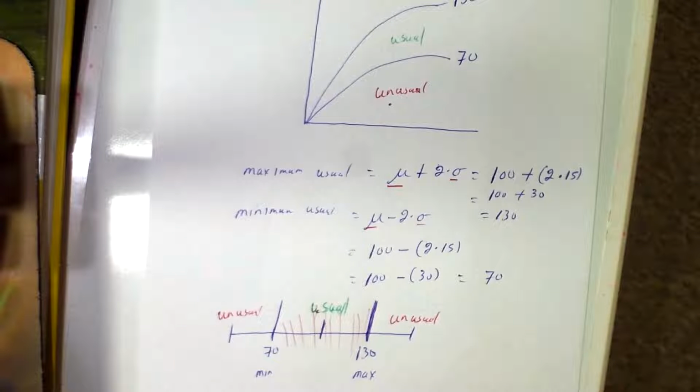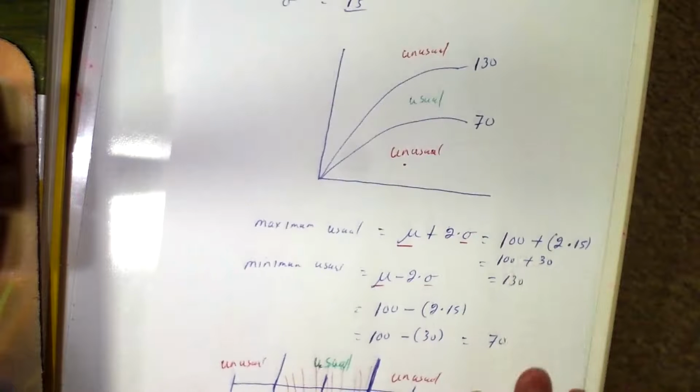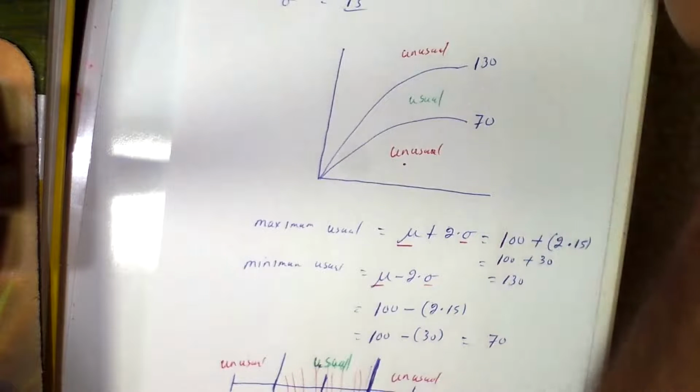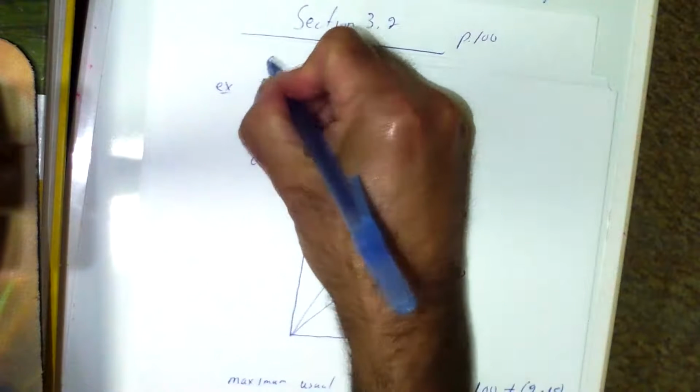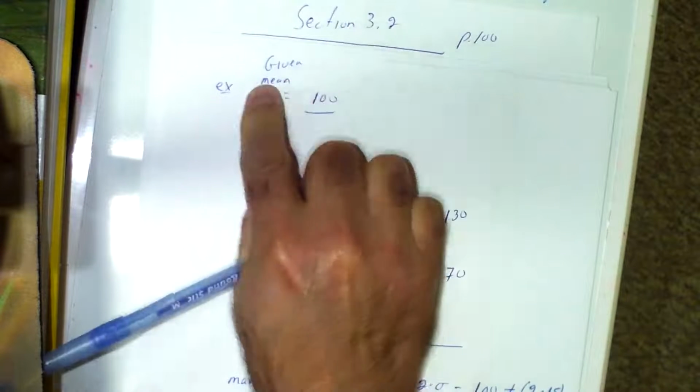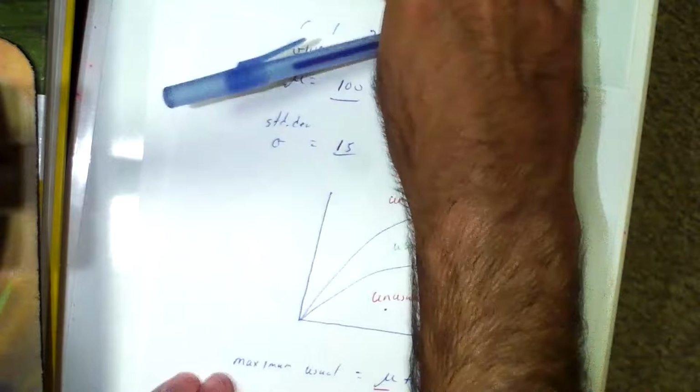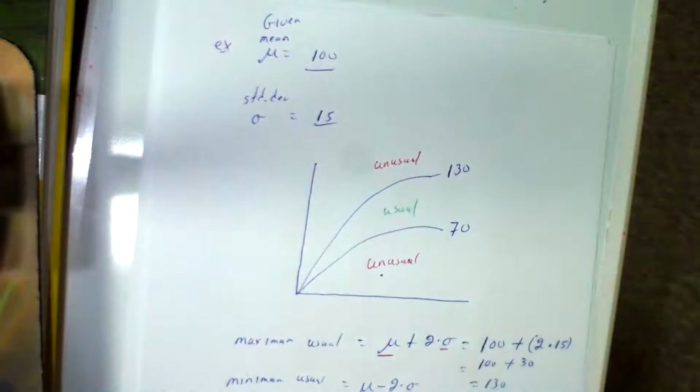So you've got to remember, when you're asked to identify significant values, these two numbers will always be given to you to find the usual and unusual.